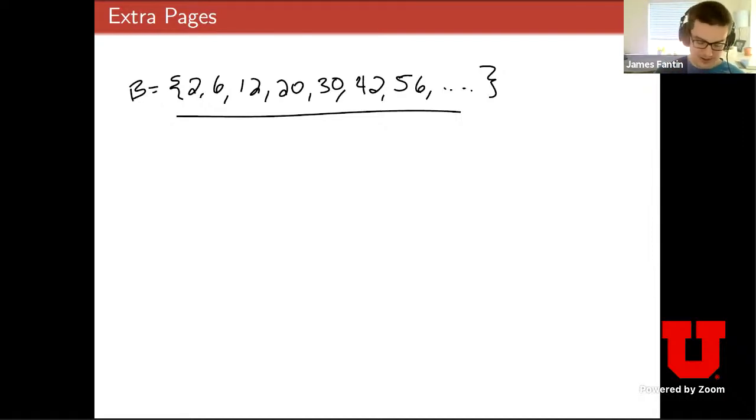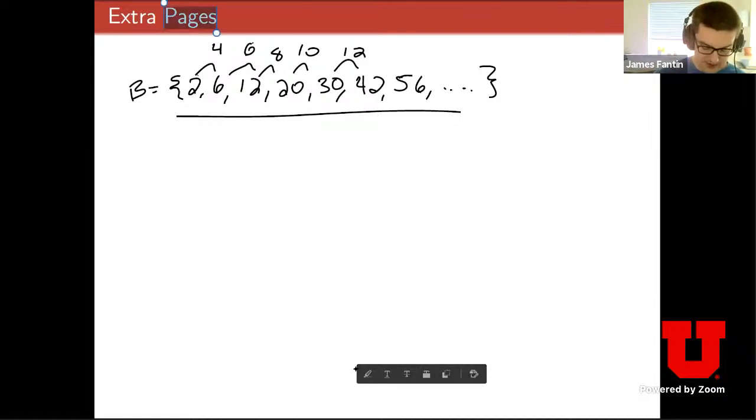The trick with these is often to look at how the values grow. For example, the difference between these two is 4. The difference here is 6, 8, 10, 12, and then knowing how some of the common patterns go.